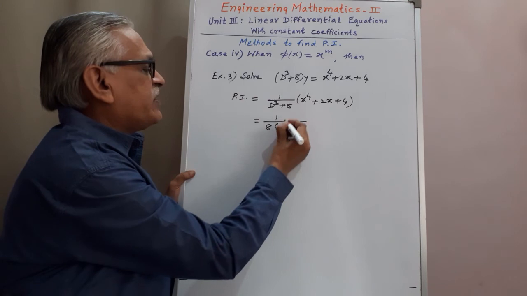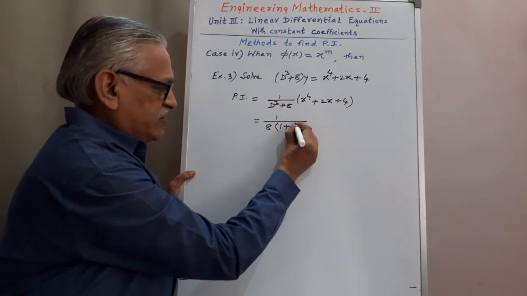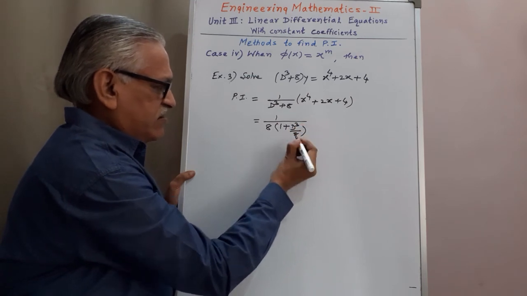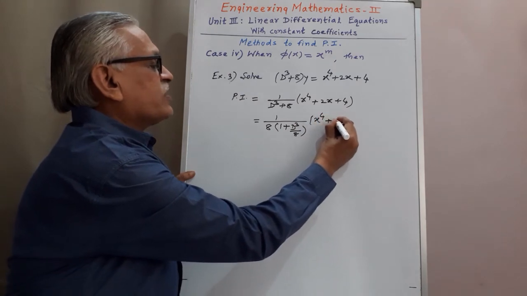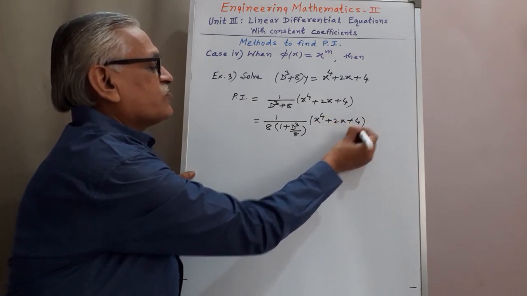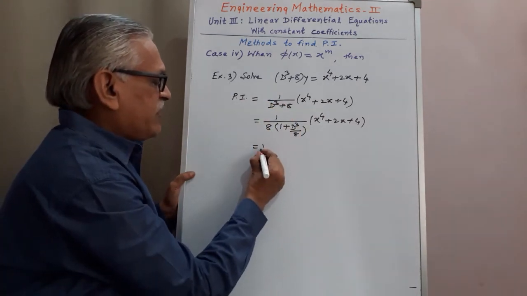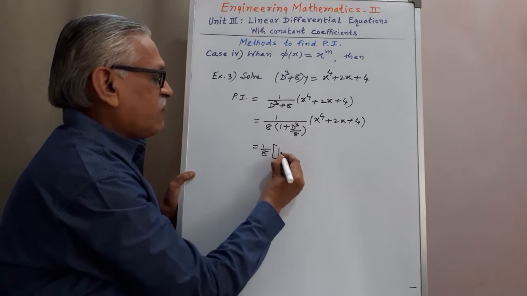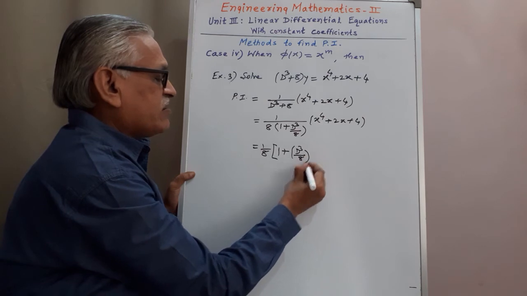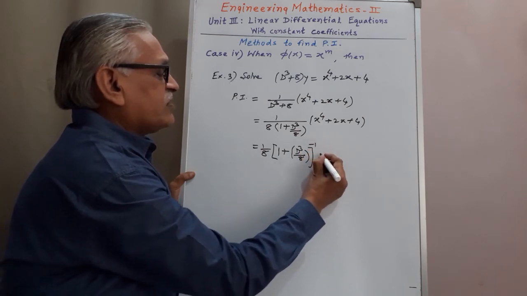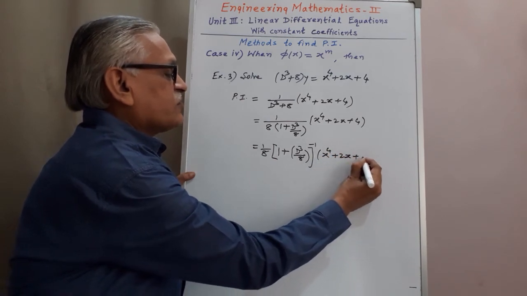If we take 8 common, we get 1 plus D cube by 8, operated on x raised to 4 plus 2x plus 4. Then transferring this to the numerator, we get 1 by 8, (1 plus D cube by 8) raised to minus 1, operated on x raised to 4 plus 2x plus 4.